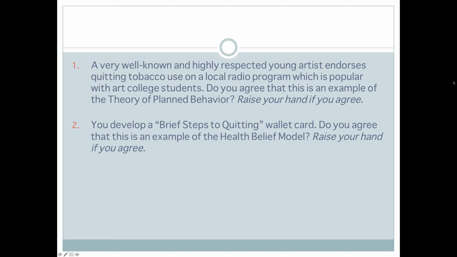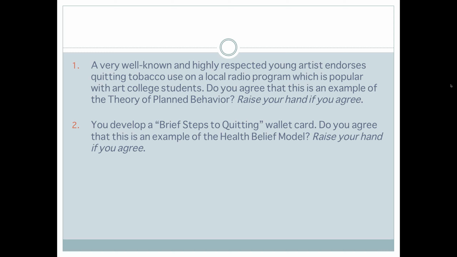Okay, I'm looking across our attendees, and the correct answer would be disagree, because theory of planned behavior looks at intentions and attitudes as determinants of behavior.